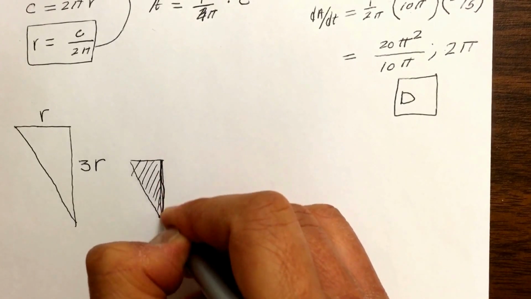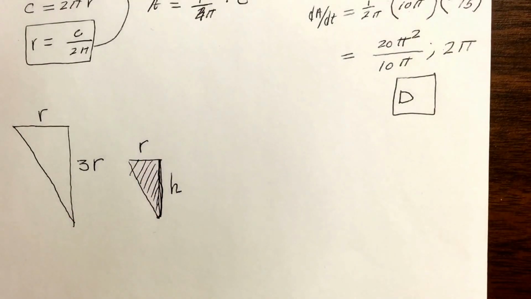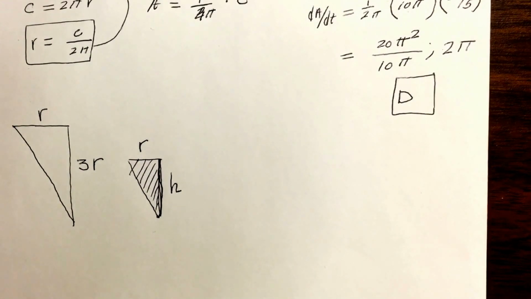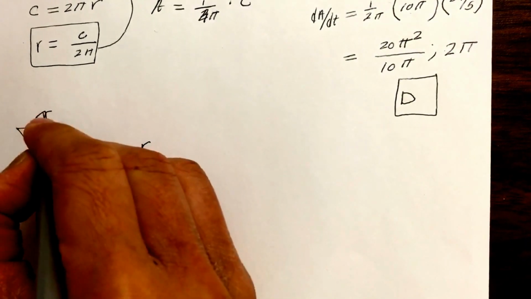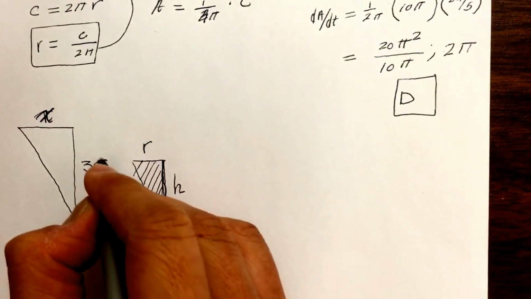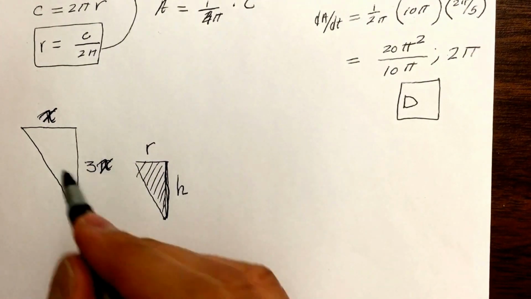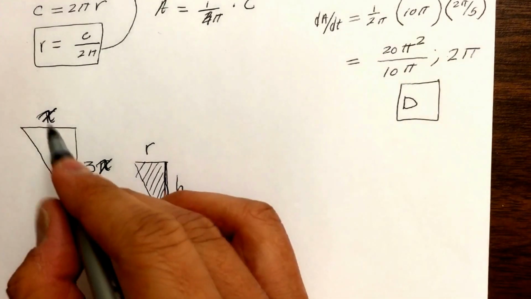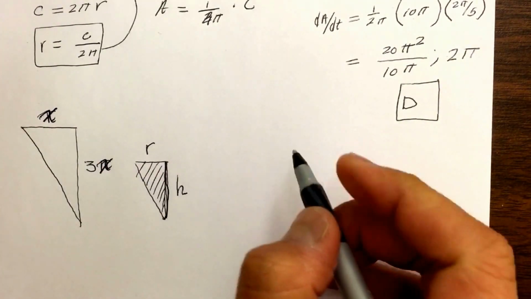We call this the height, and we also call this our radius. But I don't want you to confuse this radius with that radius, so why don't we call this x, and then we'll keep this a radius, okay?